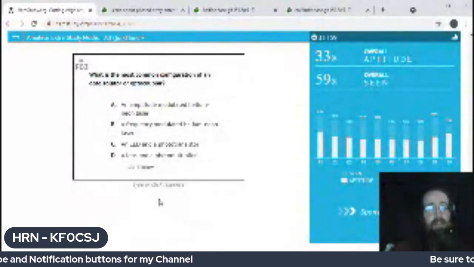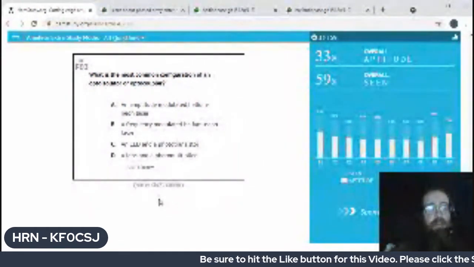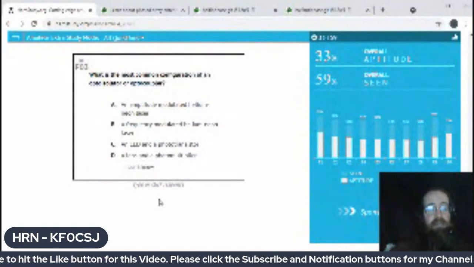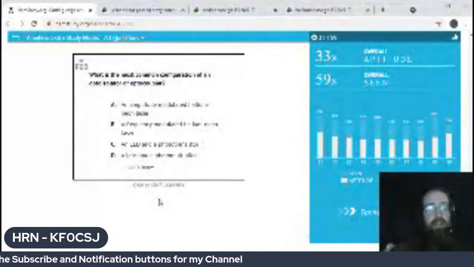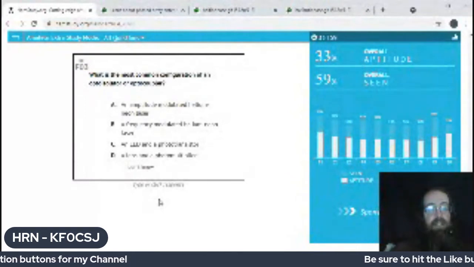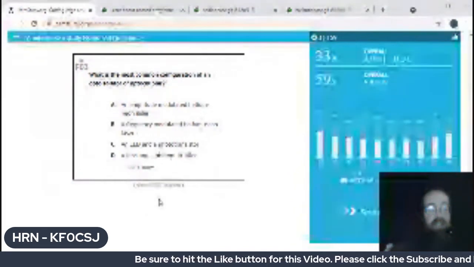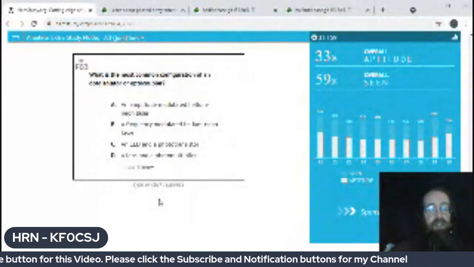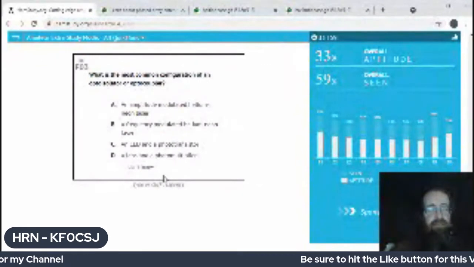What is the most common configuration of an opto-isolator or an opto-coupler? A, an amplitude modulated helium neon laser. B, a frequency modulated helium neon laser. C, LED and photo transistor. D, a lens and a photomultiplier.